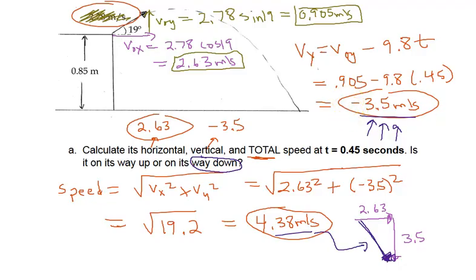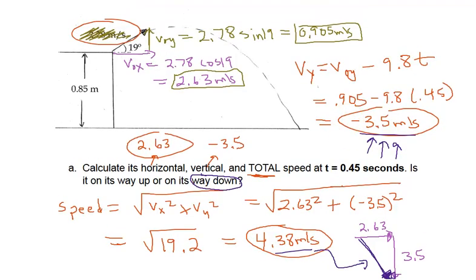The other way to check your work is the initial speed was 2.78. It slowed down on the way up and it sped up on the way down. And since 4.38 is bigger than 2.78, it's not only on the way down, we know it is beyond where it started, right?